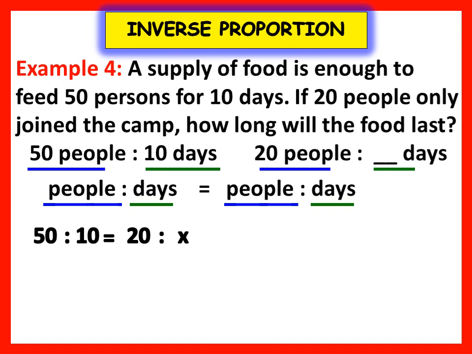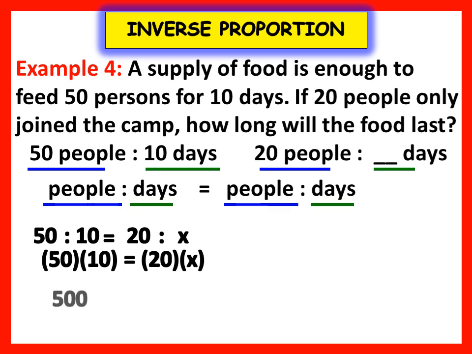So let us solve for the variable x. When dealing with inverse proportion, we will not follow the product of the means is equal to the product of the extremes. We will just multiply these terms. 50 multiplied by 10 equals 20 multiplied by x.